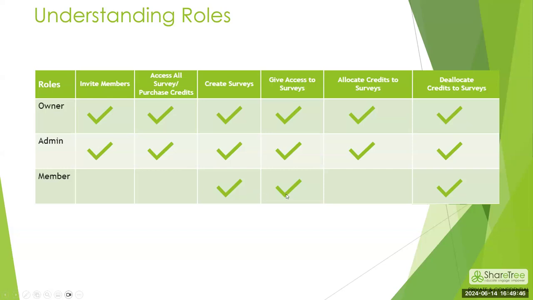They can also allocate other members to a particular survey, but only owners and admins can allocate credits to the survey, so they can add the amount of credits to a particular assessment, but they can also deallocate credits from a survey. Let's say you've allocated 10 reports to a particular assessment, but you've only used 8, so you can reduce it by 2.